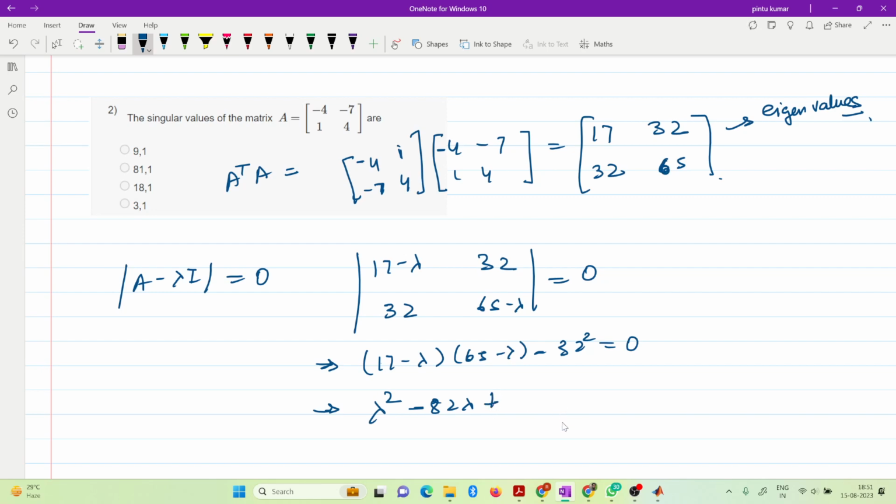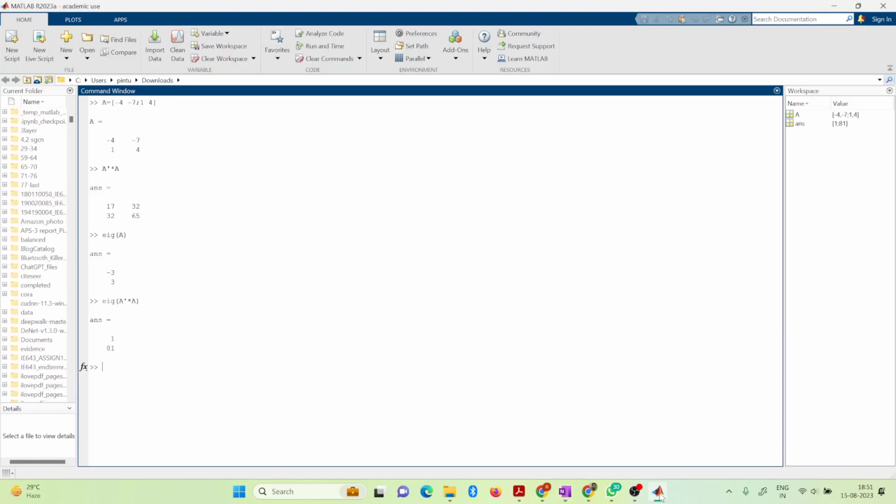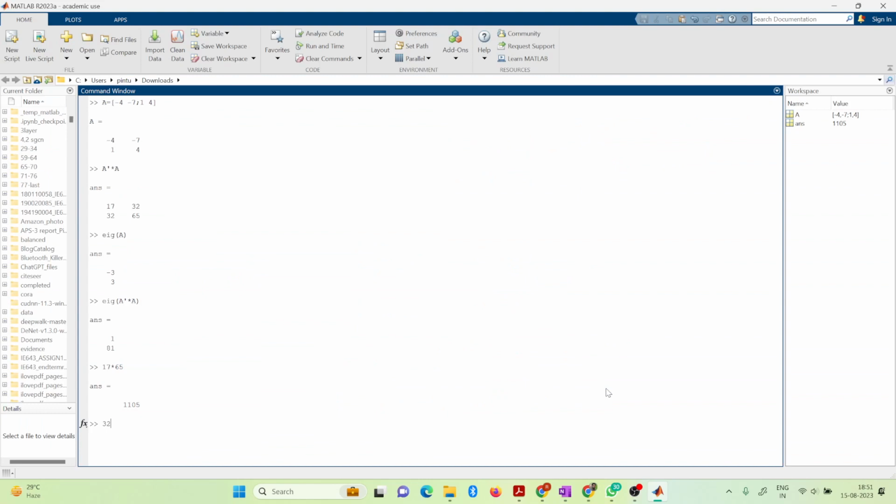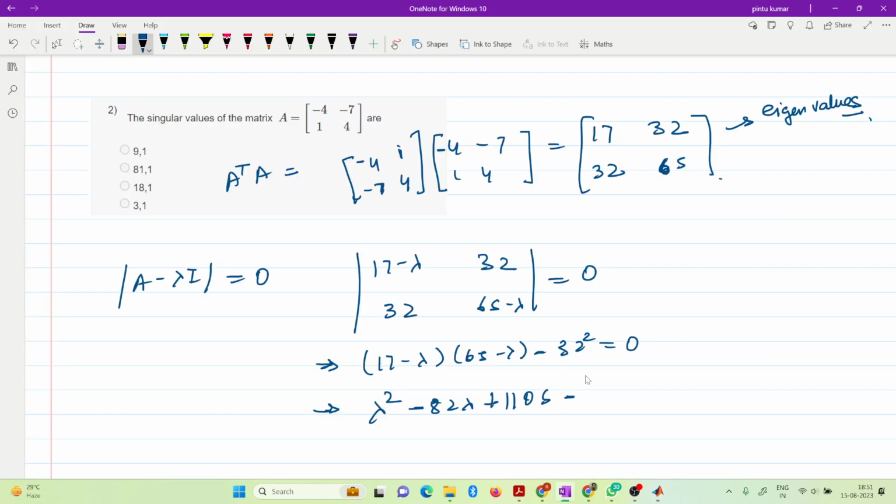So what is 17 times 65? I'll use a calculator because I'm sort of lazy. 1105, minus 32 square, so this is 1024, right?